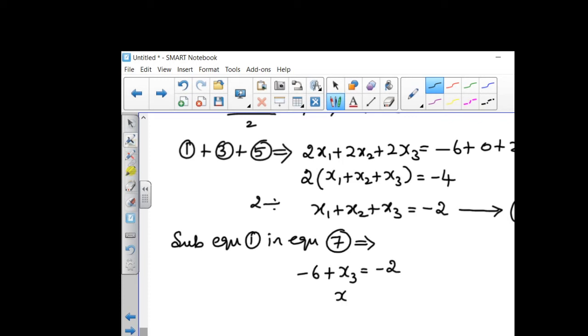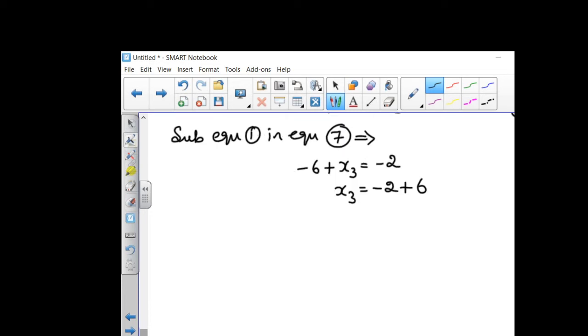So what about the x3? x3 is equal to minus 2. This minus 6, if you bring it to the other side, it will become plus 6. So what do you get? x3 is equal to plus 4.